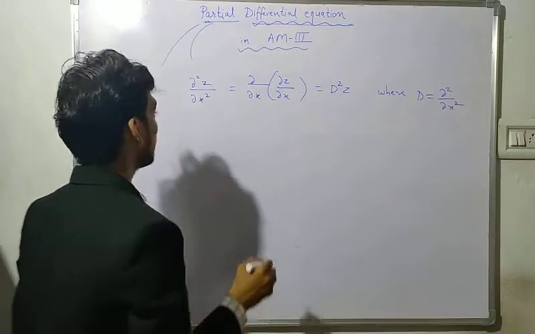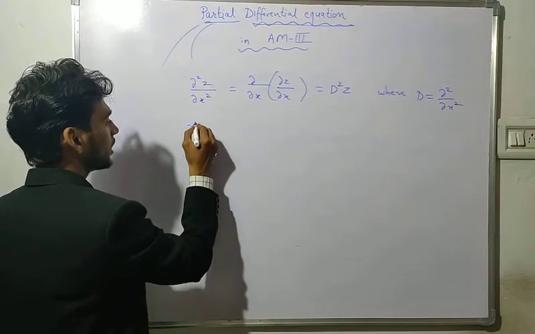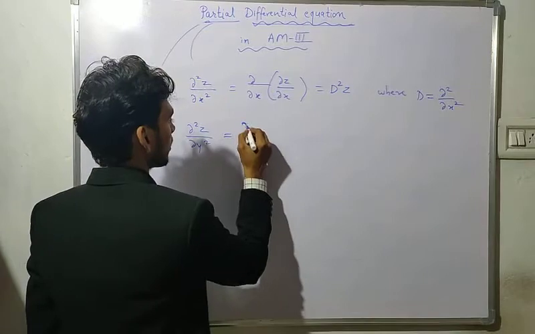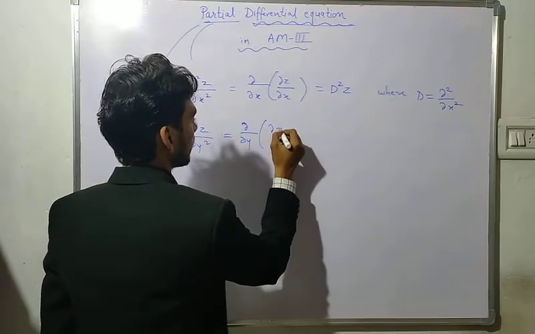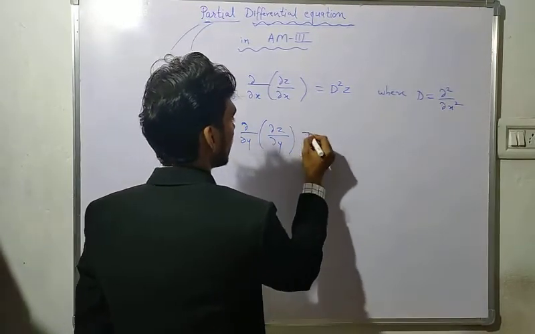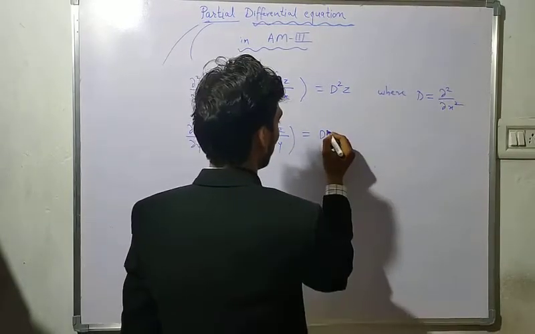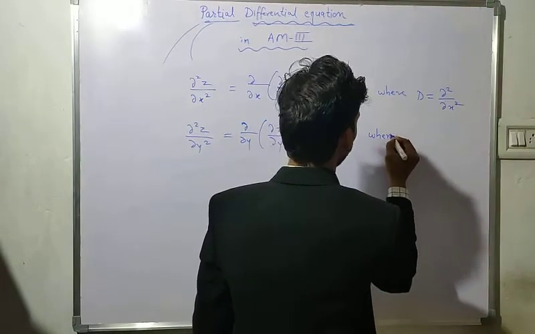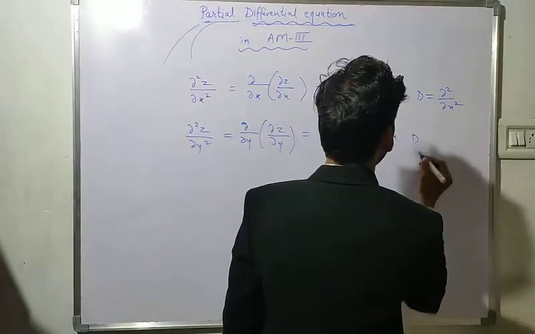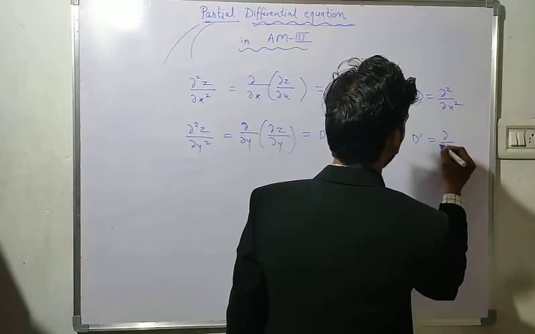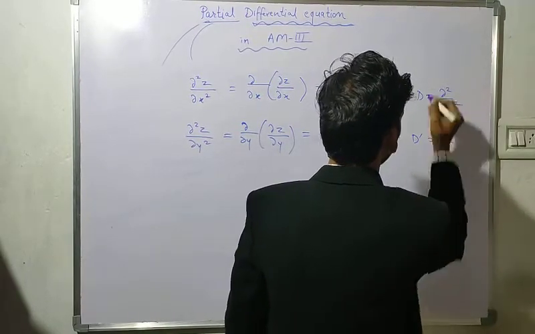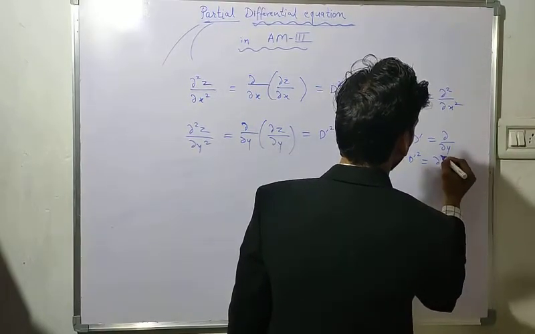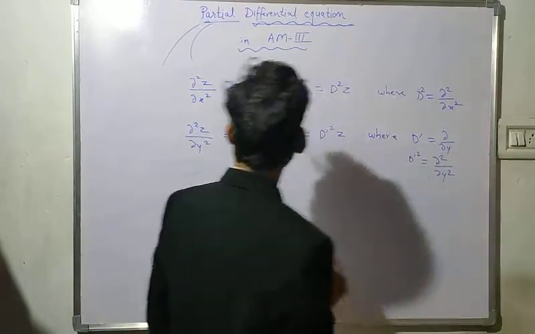Similarly, there is another notation, del 2 z by del y square, which is equal to del by del y of del z by del y. Simply it is denoted by D dash square z, where D dash stands for del by del y, and hence D dash square stands for del 2 by del y square.